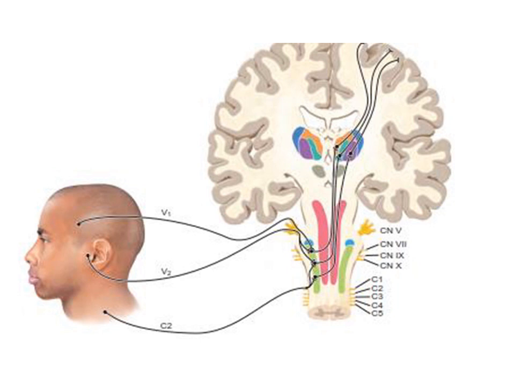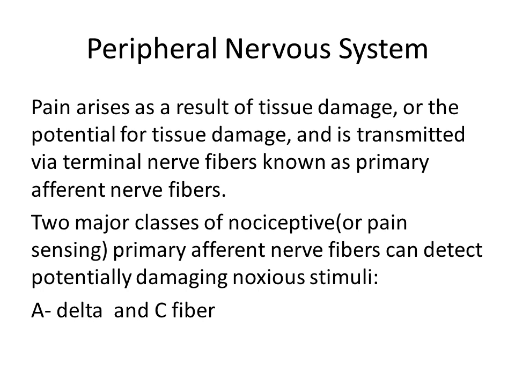This picture shows the relation and how pain is transmitted to the peripheral nervous system. Pain arises as a result of any tissue damage or any potential for tissue damage.